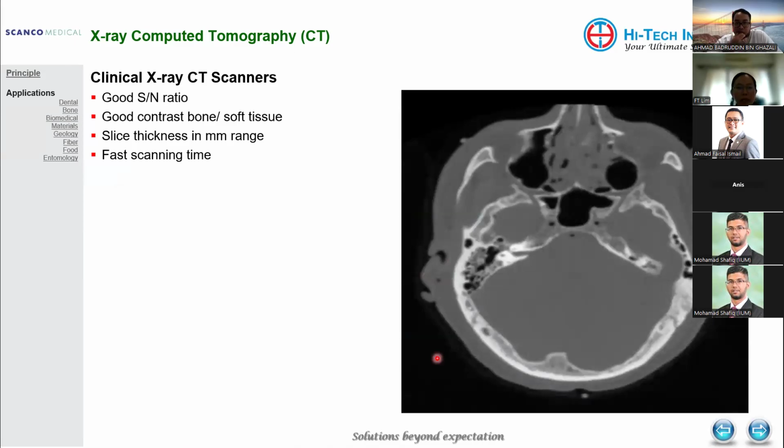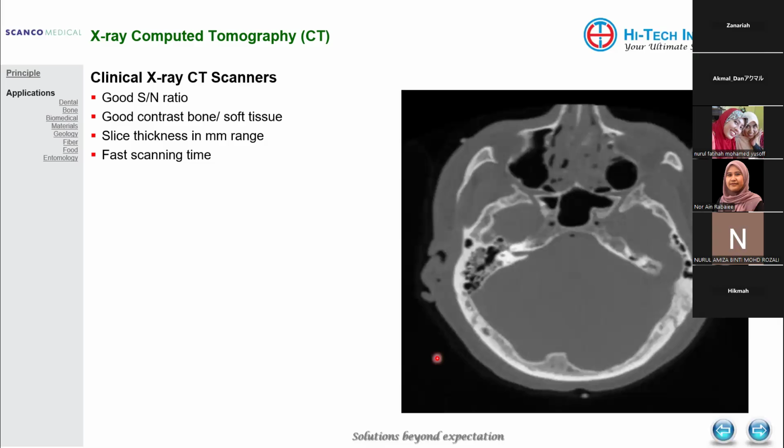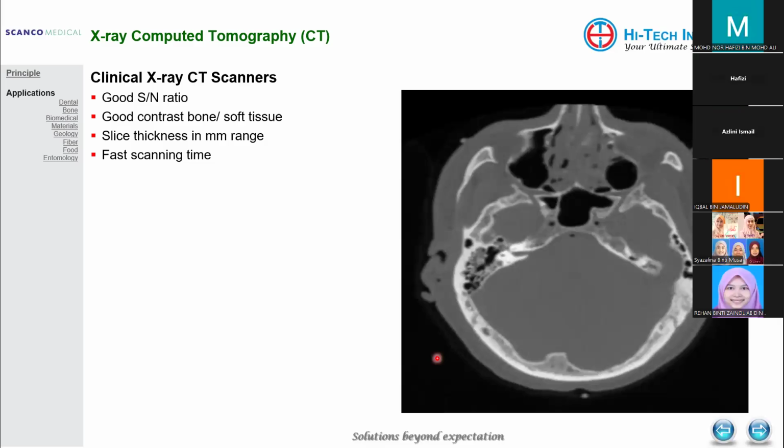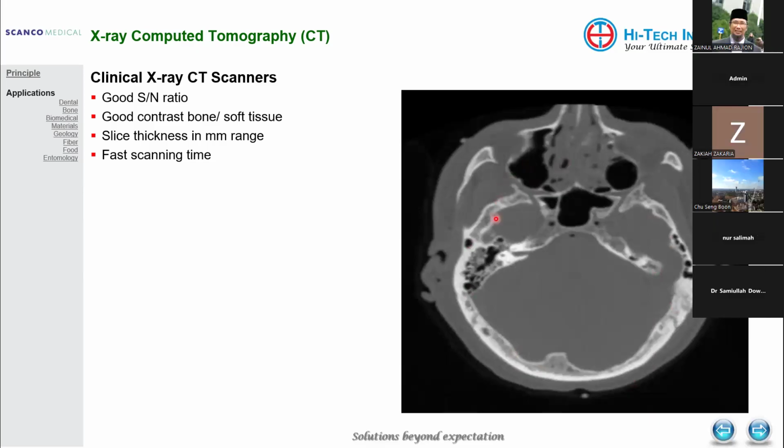So what you can see is a slice of an image out of a clinical CT scan. Because of fast scanning, as well as exposing the patient to very low radiation, you will see the resolution is slightly poorer.